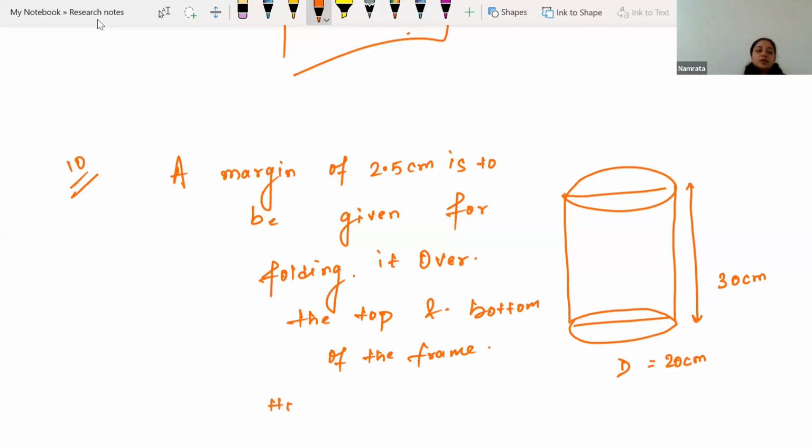Now how much cloth is required for covering the lampshade?